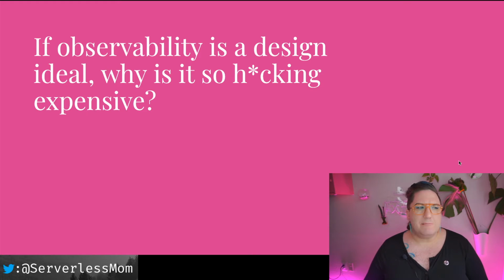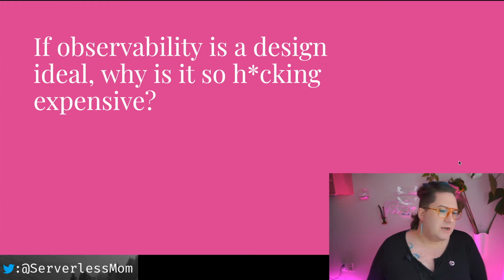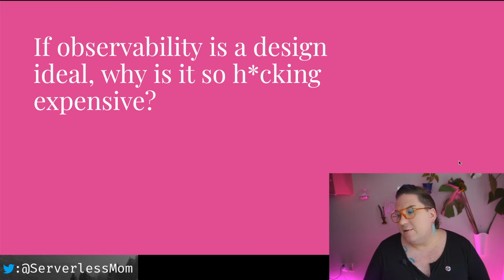And for those other examples, let's take test-driven development. It would be a kind of odd state of affairs if you were telling your boot camp students, hey, you need to do test-driven development, and then you ask them, okay, well, what's step one? And you said, well, step one to doing test-driven development is you start paying someone about $300 a month. But that is kind of the state that observability has been in, right?